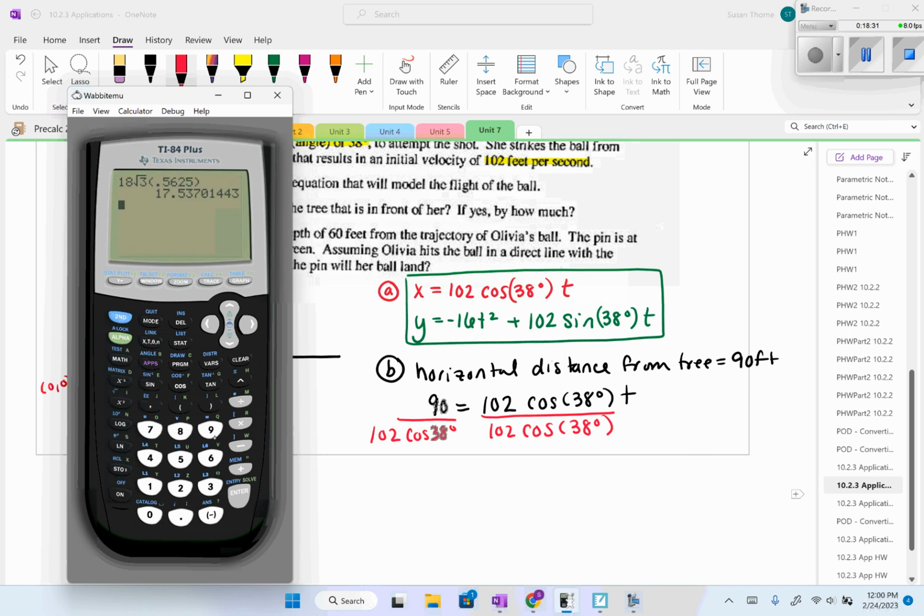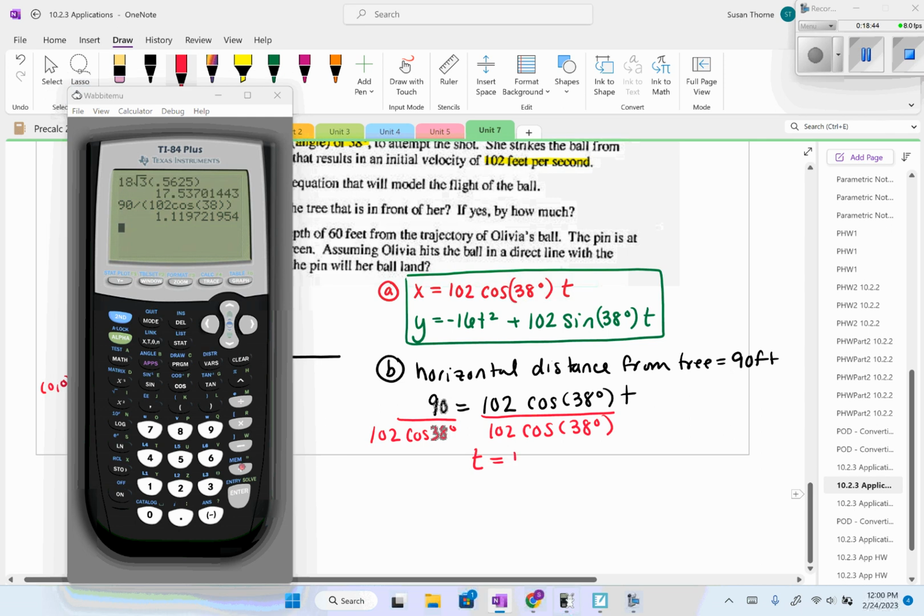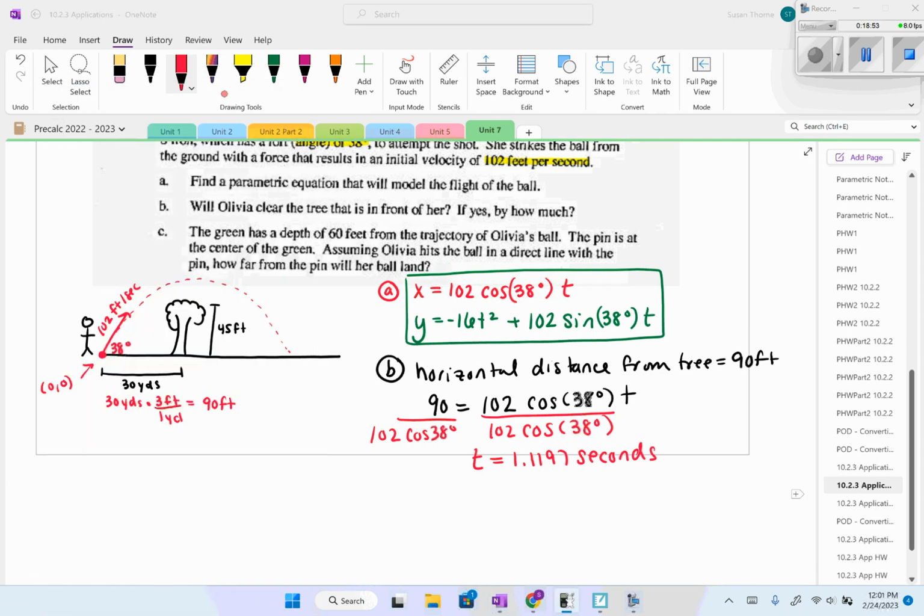So 90 divided by, use parentheses, 102 times the cosine of 38 gives me a time of 1.1197 seconds. So that means that it takes me 1.1197 seconds to horizontally go the distance of 90 feet.